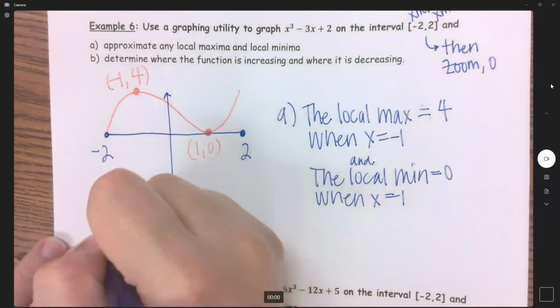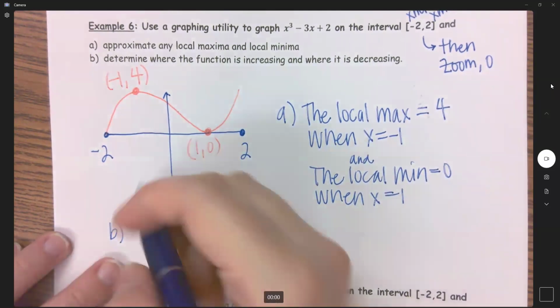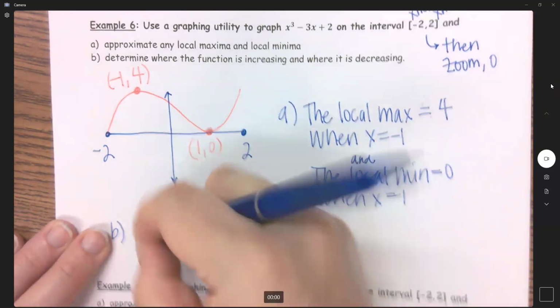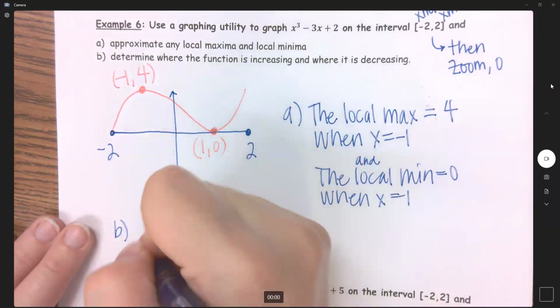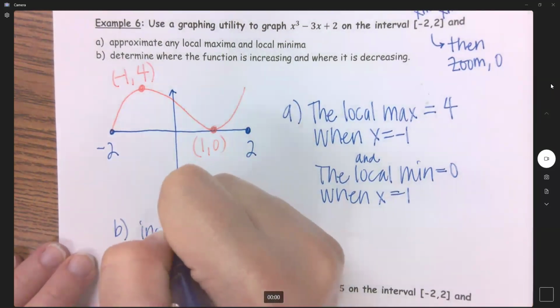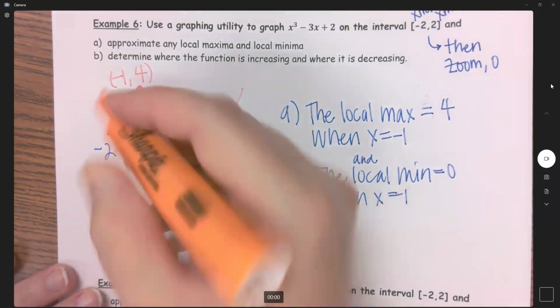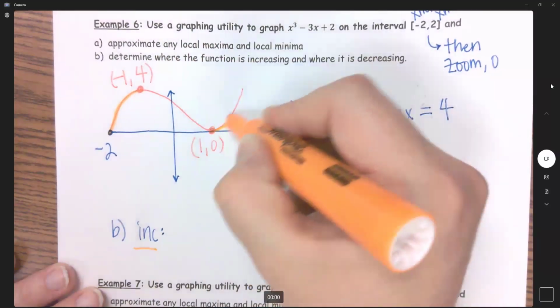Okay, now I need increasing and decreasing intervals. So my increasing interval is increasing here and here.